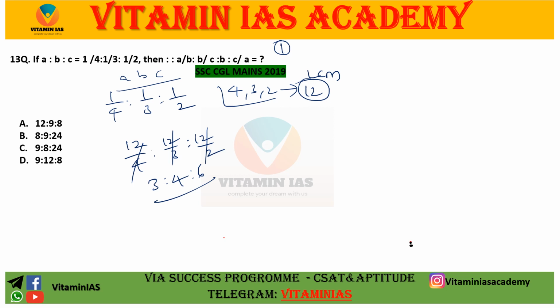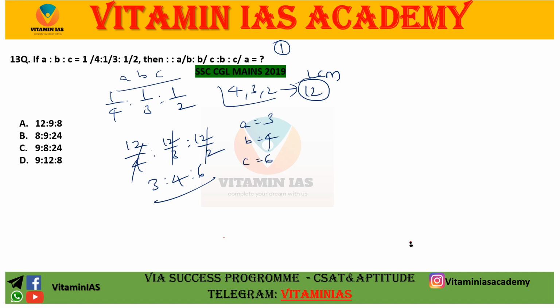But here the question is that we need to find A by B, B by C, C by A. So here A value how much? 3, B value 4, C value 6. Just find it.